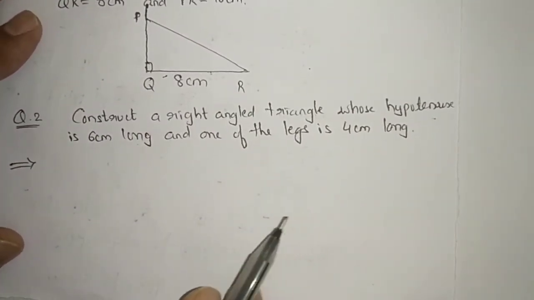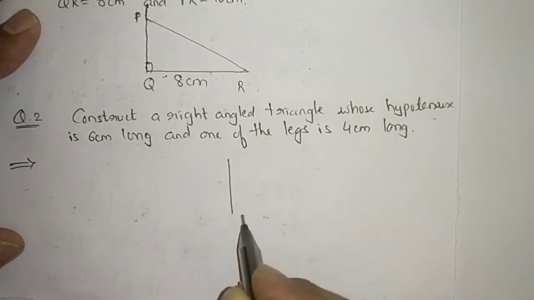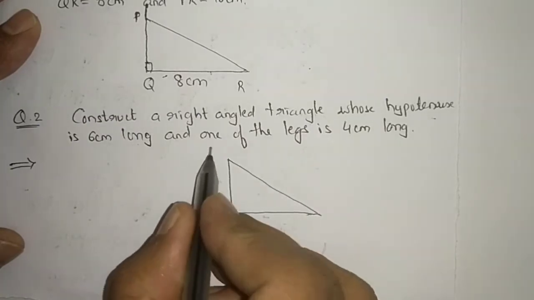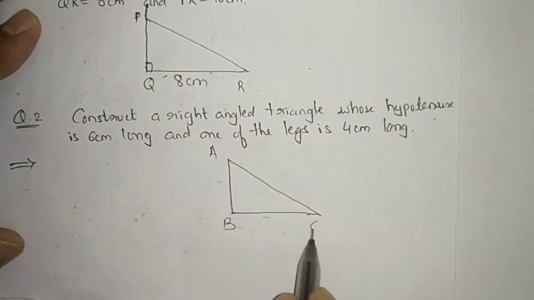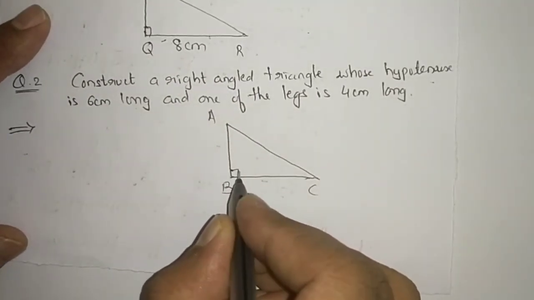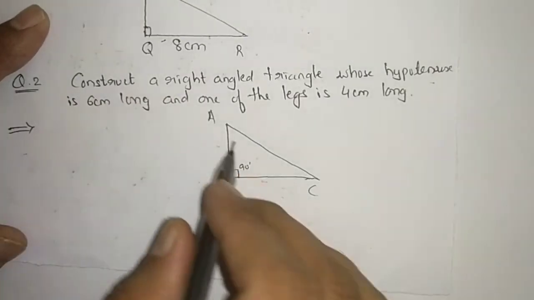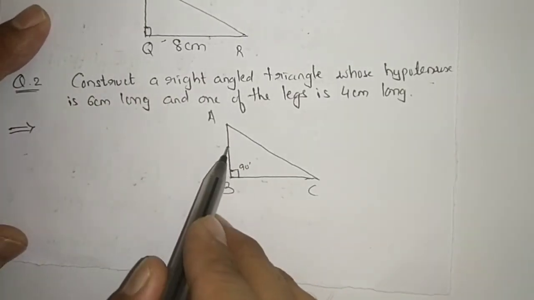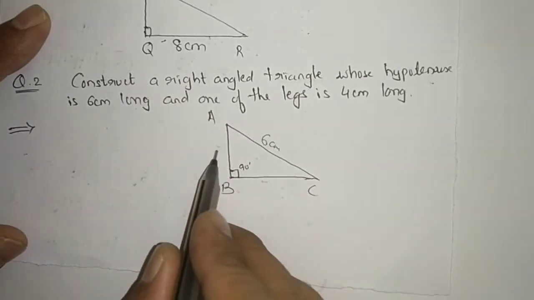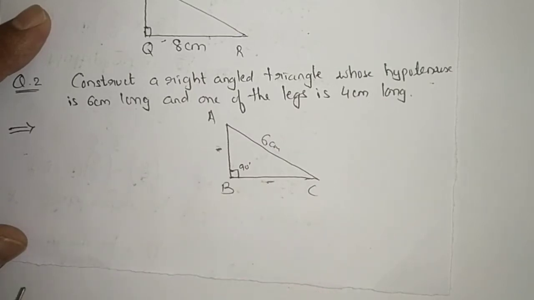So what we will do, we will take any name, we will say it is ABC, right? So we have to construct a triangle ABC, 90 degree right angle triangle. Our right angle will be on B, and one of the legs they have told, that means this is our hypotenuse, that will be our 6 centimeter, and one of the legs, that is this or this, it will be 4 centimeter.